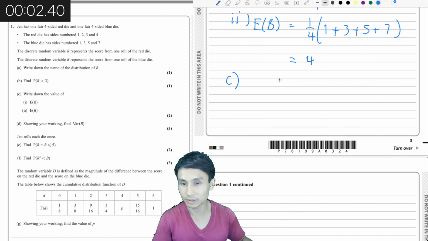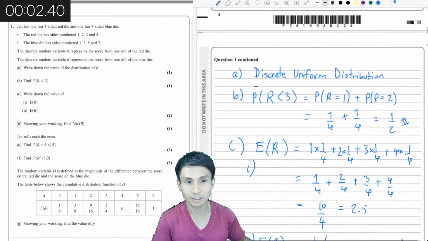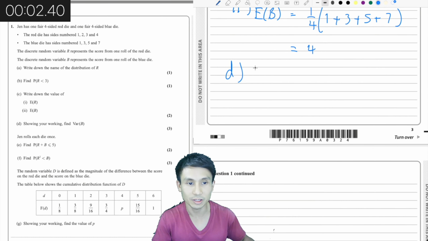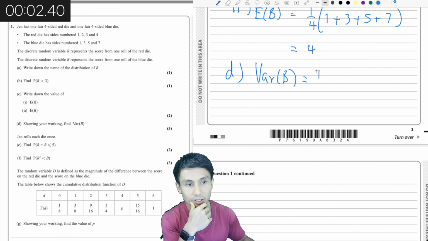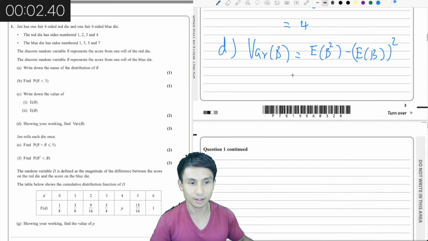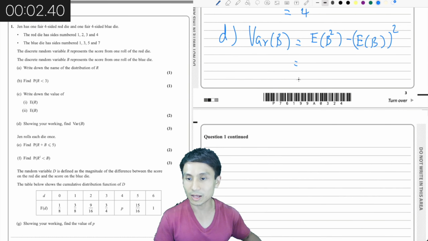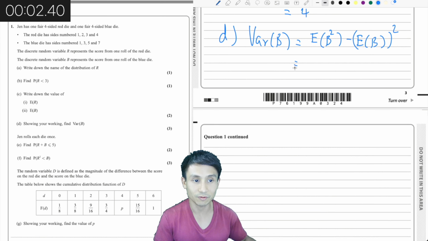Write down the, D now, not C. D. Showing your working, find Var(B). Right, so Var(B) would be the E of B squared minus the E(B) squared, like that. Yeah? We haven't got the expected value of B squared, so we got to find that first.